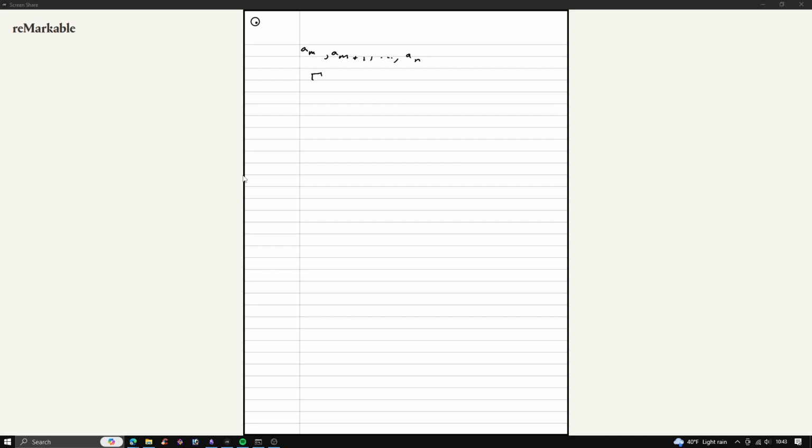Apparently I just cannot, for the life of me, draw one of these summation signs. There we go. At the top we put n, because n is our max value.